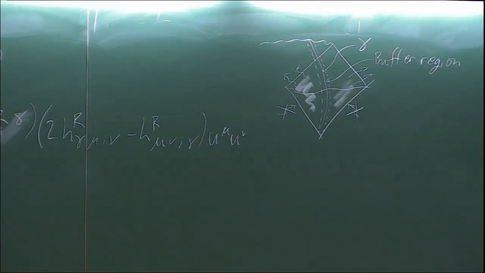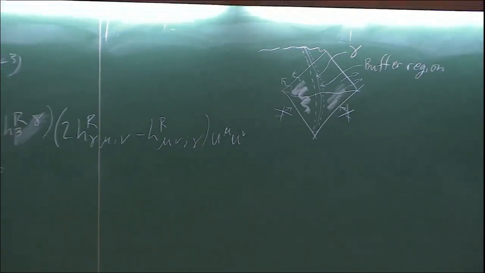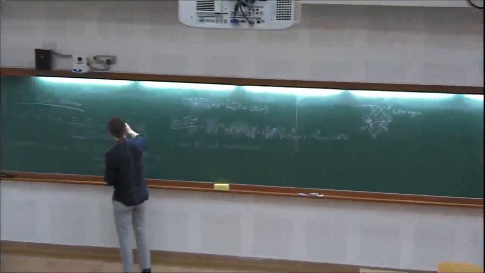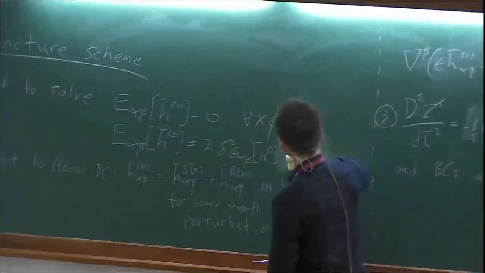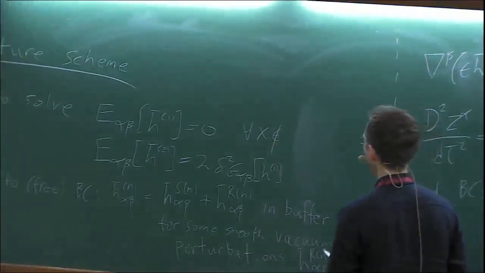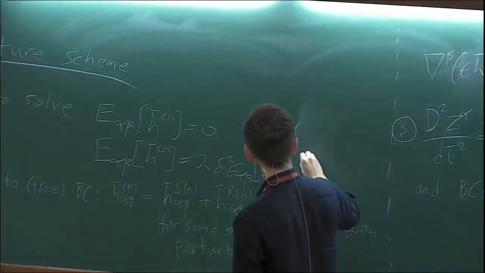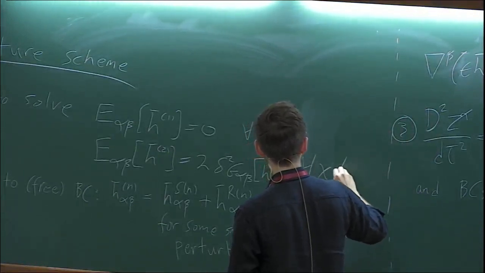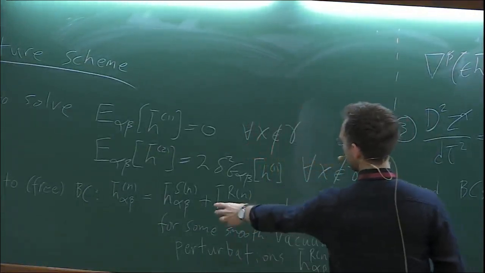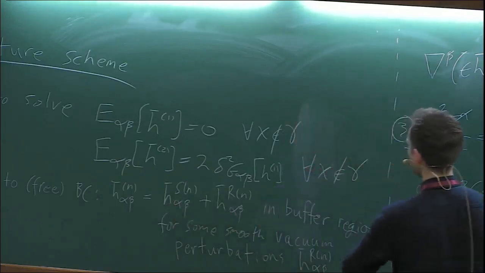And then a completely equivalent problem is, rather than just solving outside the buffer region, you solve these equations at all points that are not on the world line, where now you analytically extend these down to all points that are not on the world line.